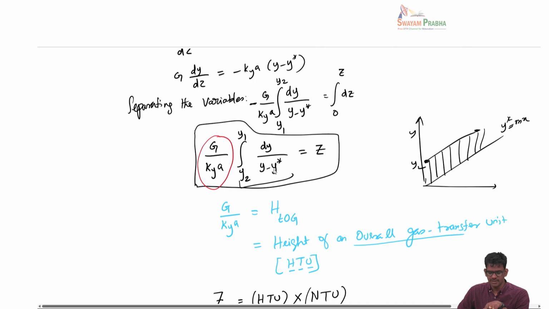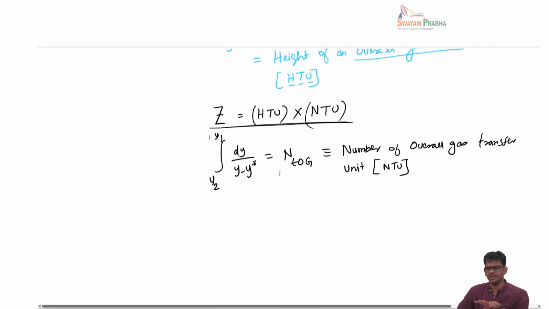We know that Y star is the equilibrium composition, which I can find out from Henry's law. Okay, so I'm going to show subsequently how to calculate this integral analytically for Henry's law type equilibrium lines. So you will get an analytical equation for NTU also.